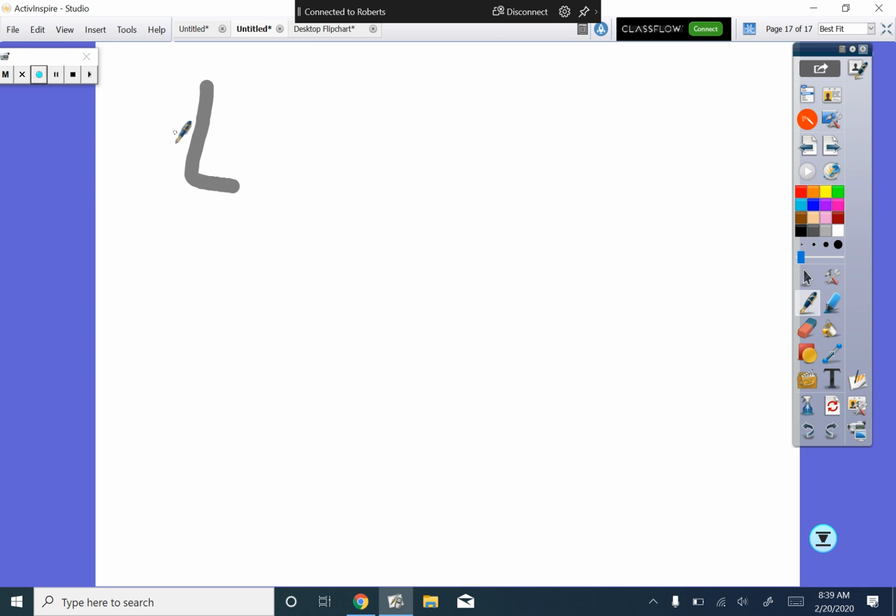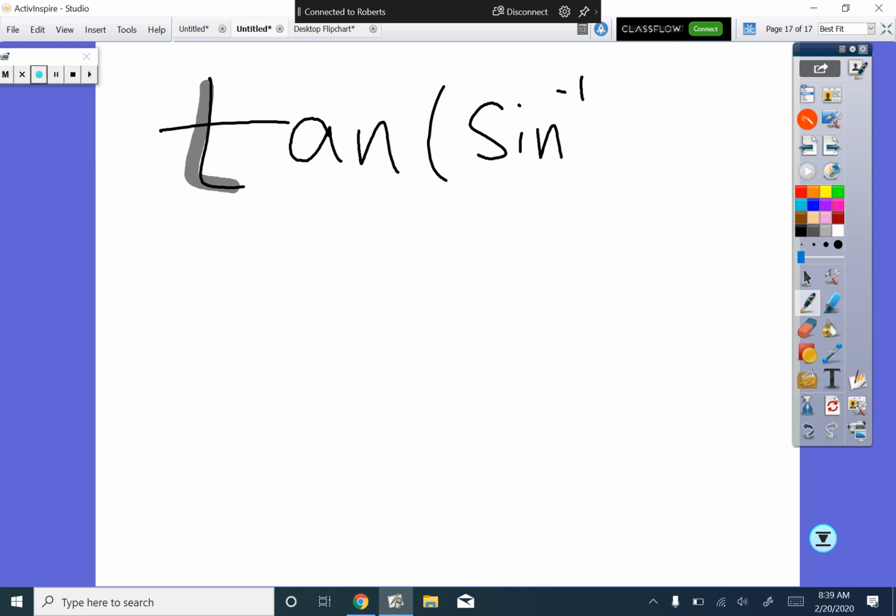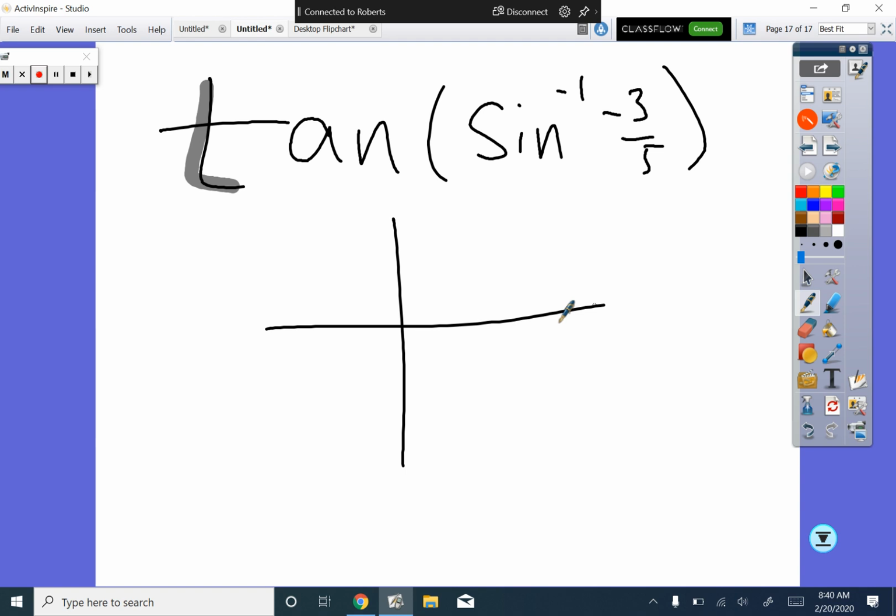Okay. What quadrant is this in? 4, because once again, my restrictions have to be in quadrant 1 or quadrant 4. And because it's negative, I'm in quadrant 4.